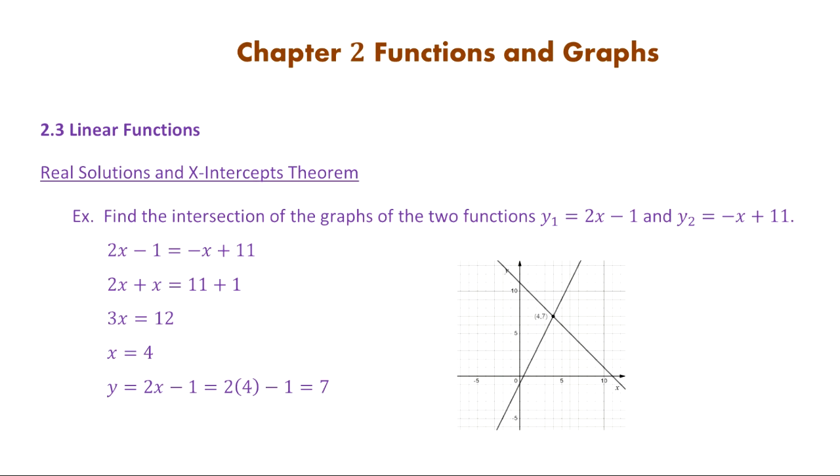So (4, 7) is the intersection of the two lines. If you plug in 4 in the second equation, y2 equals negative x plus 11, you get negative 4 plus 11, also y equal to 7, right?